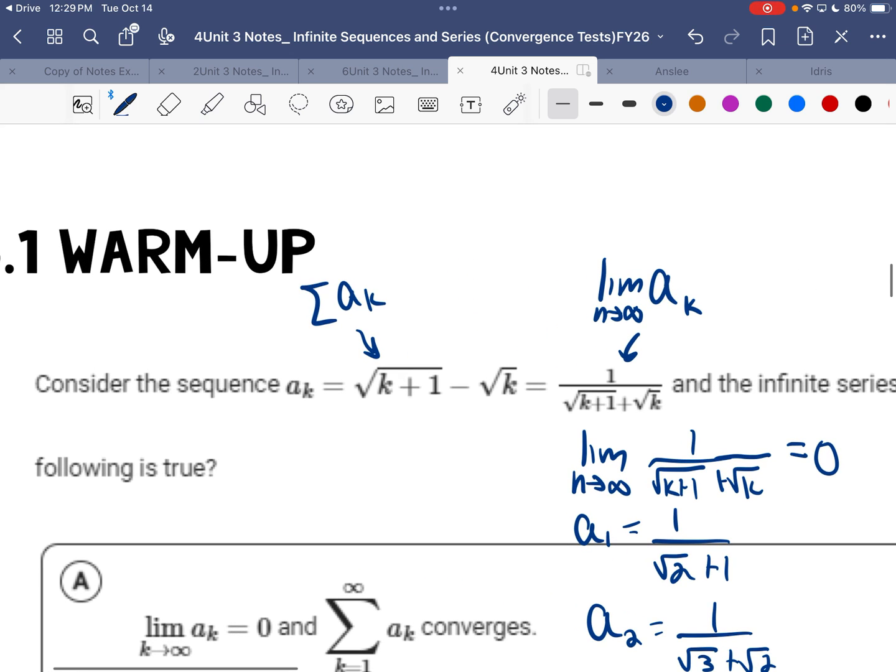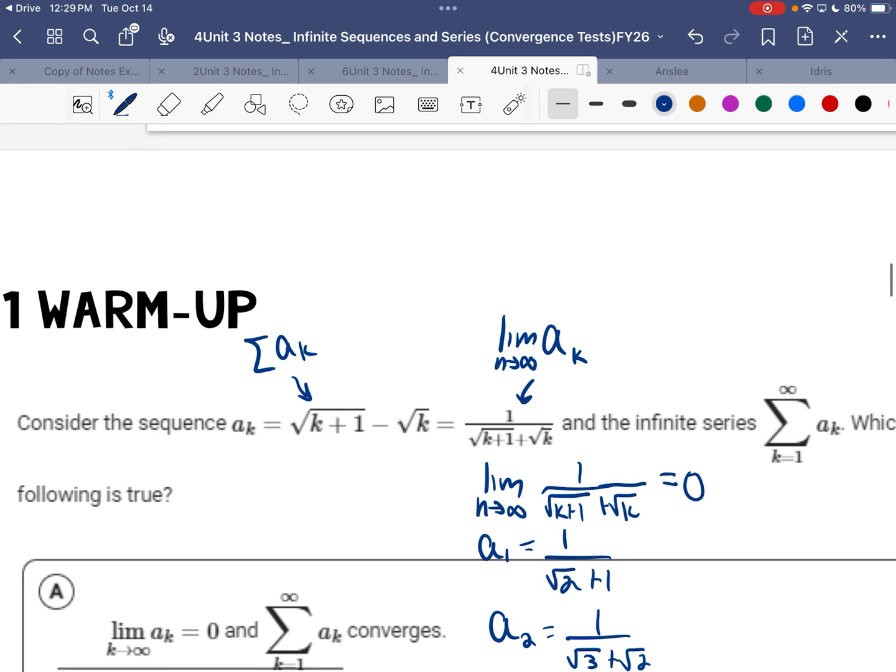Okay, then we look at the sum. This part will help make the sum easier, because dealing with adding up fractions is not so bueno. So for the sum, we want to find a partial sum. So we're going to do a1.